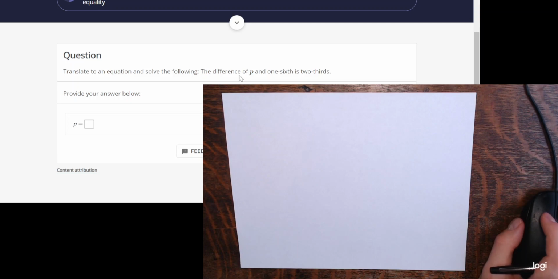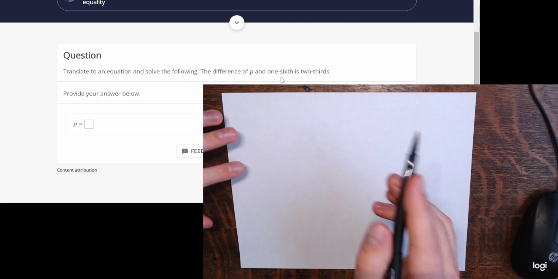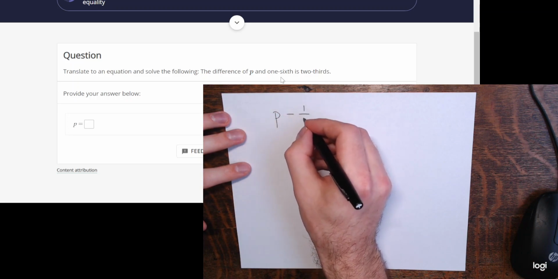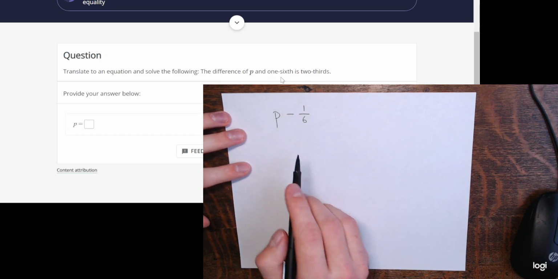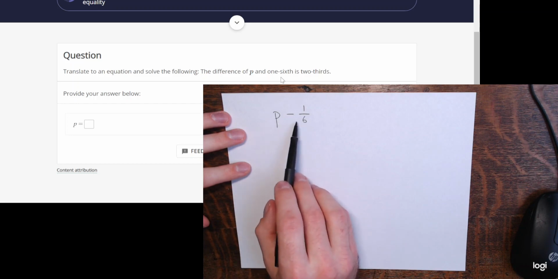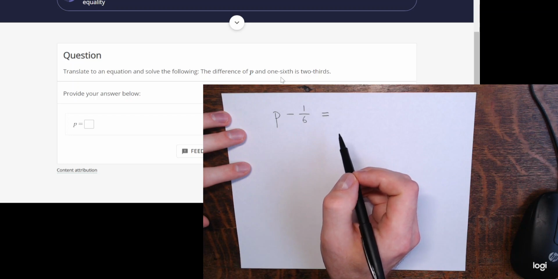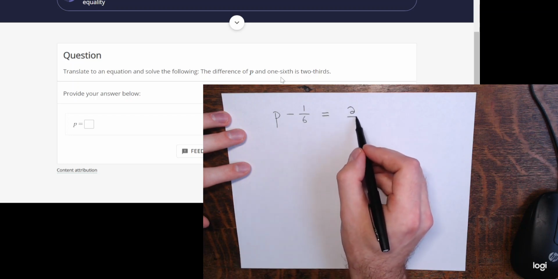It's not just the word of, it's difference of. So subtraction. The difference of p and 1/6. So that's p minus 1/6. The difference of p and 1/6 equals 2/3. There's the fraction 2/3 on the other side.